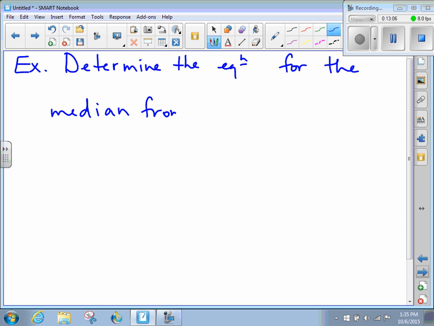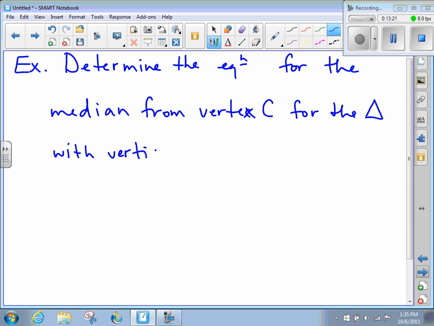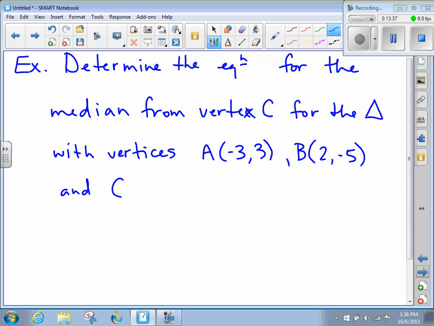So I'm going to be making a lot of ugly notes in between. From vertex C of the triangle, short form, the vertices are A -3 at 3, B 2 at -5, and C 5 at 2.